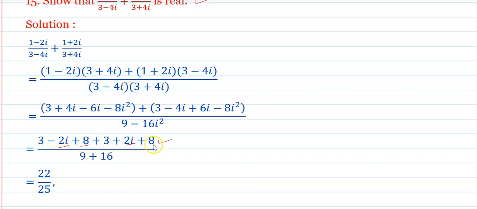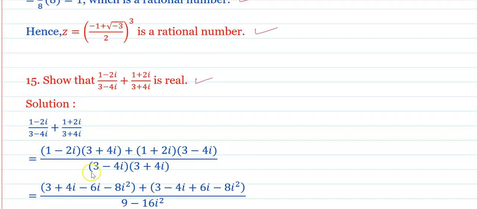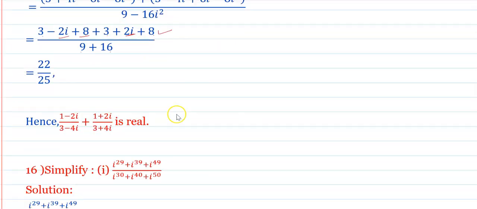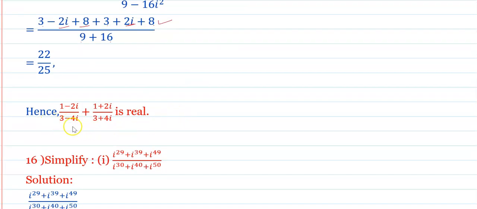And again 3 plus 8, 11, 11 plus 11, 22, 22 upon 9 plus 16, that is 25, and hence it is a real number. Therefore, the expression, that is (1 minus 2i) upon (3 minus 4i) plus (1 plus 2i) upon (3 plus 4i) is real. Okay.